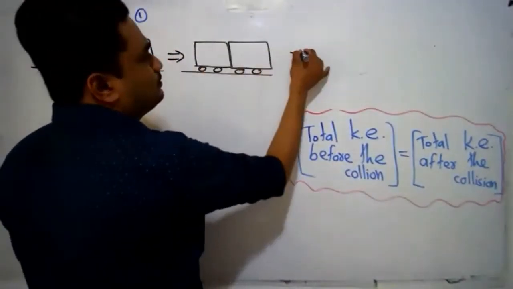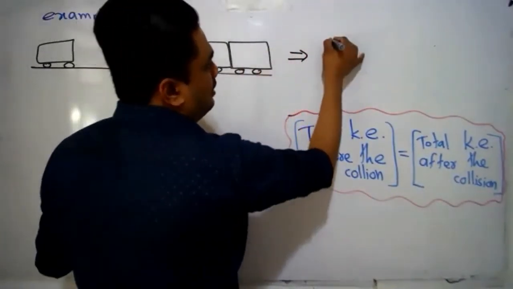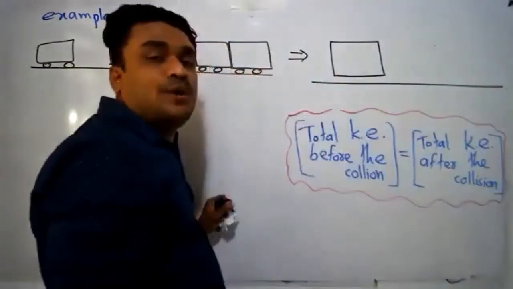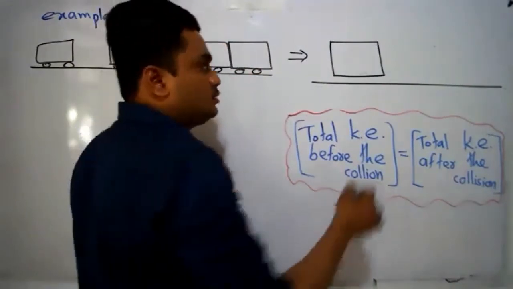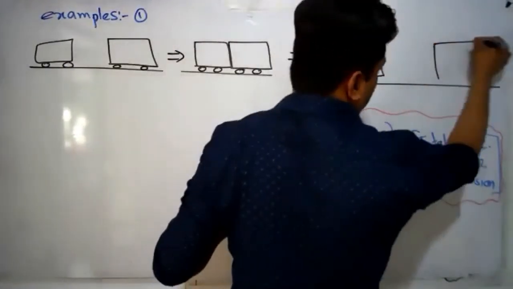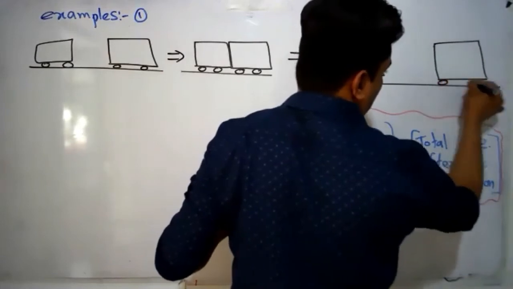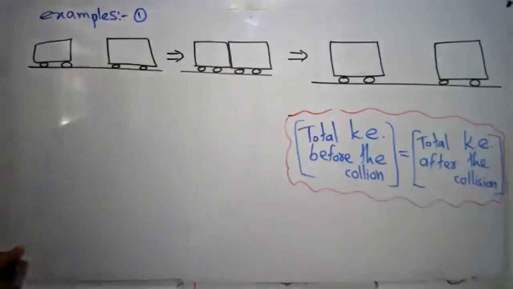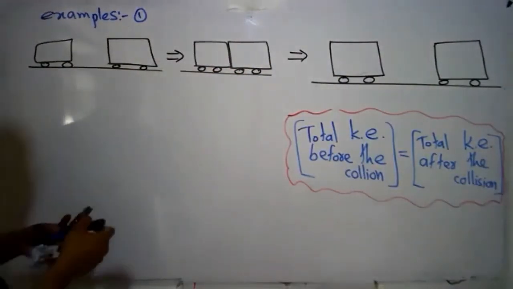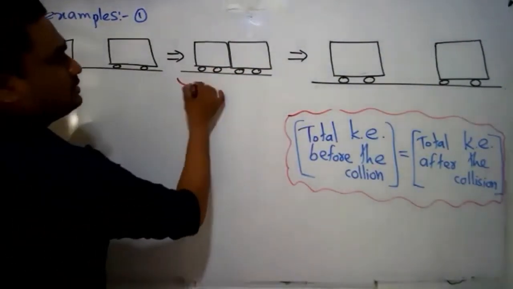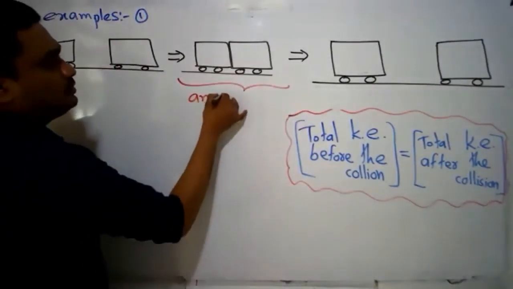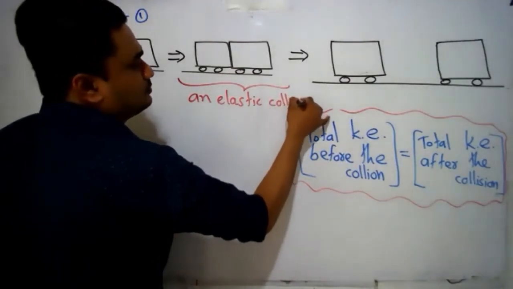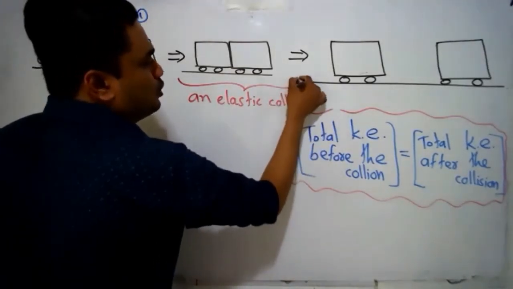After the collision, they will move with two different velocities. Draw the figure here; after that, I'll give you the questions. So after the collision, they move as two different objects. The point you should remember is that this is an elastic collision.